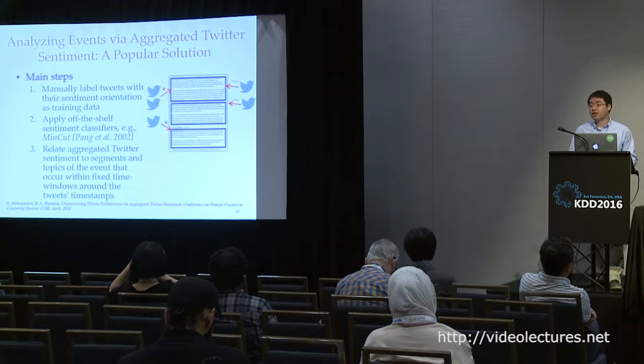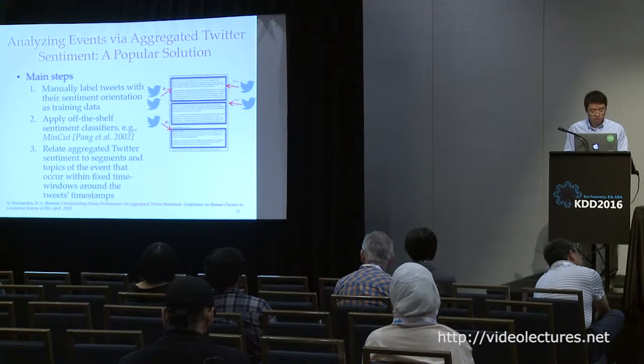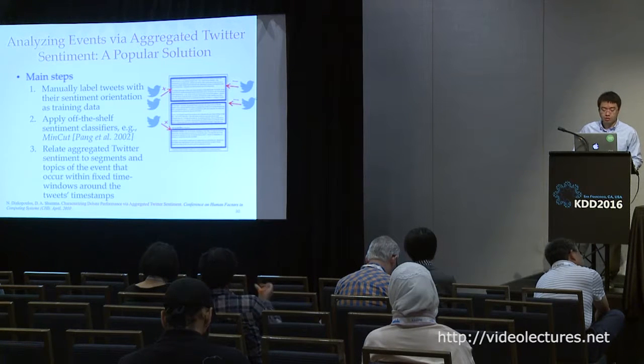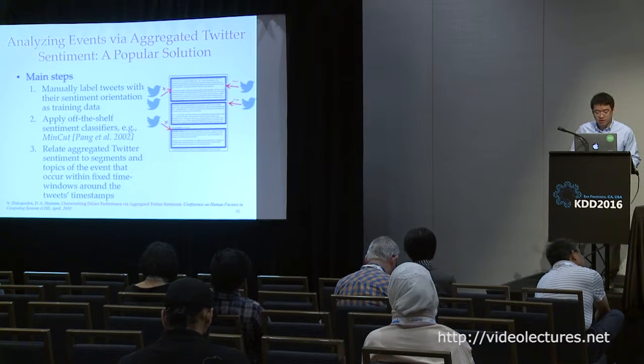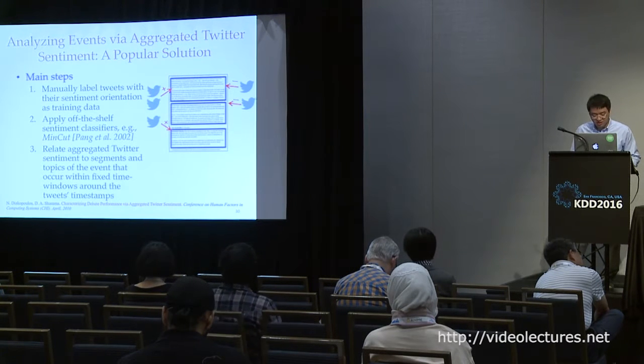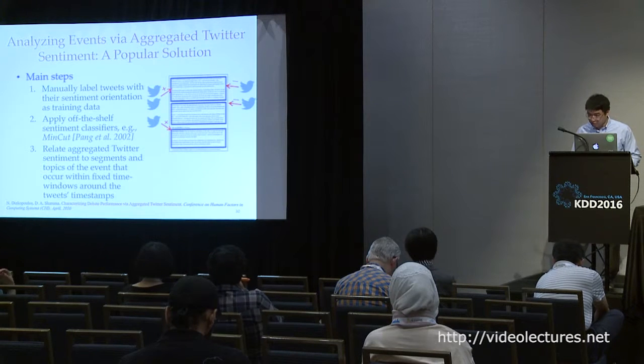The second step is to apply some off-the-shelf sentiment classifiers, such as Mincut, proposed by Pang in 2002, to infer the sentiments of the tweets. And as the last step, we relate the aggregated Twitter sentiment to the segments and topics of the event that occur within a fixed time window around the tweets' timestamps.